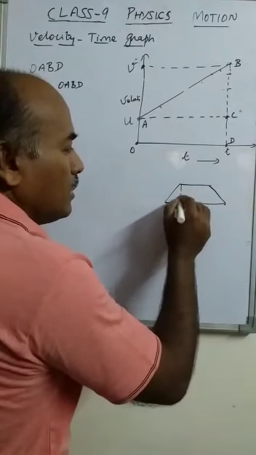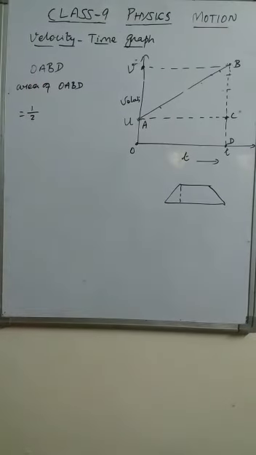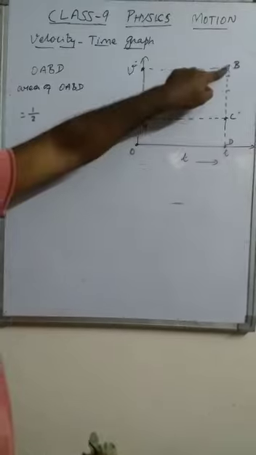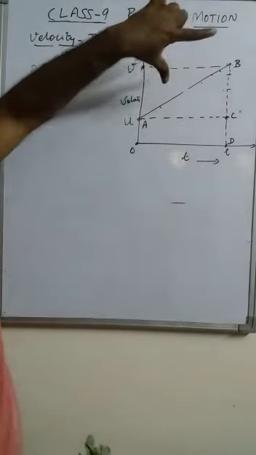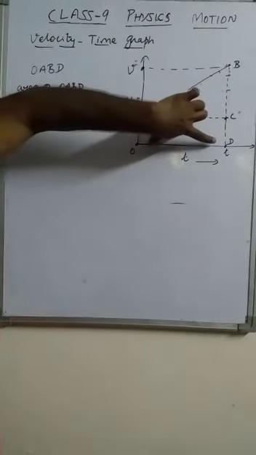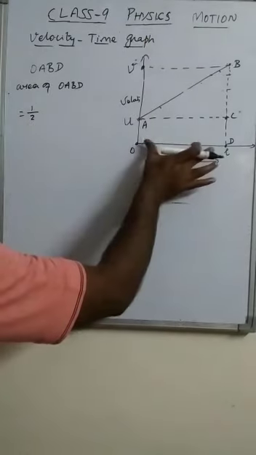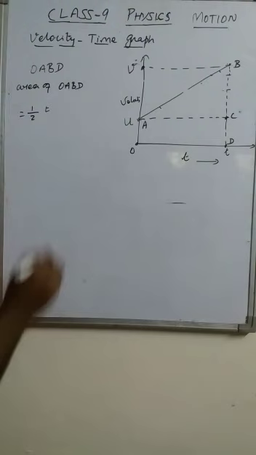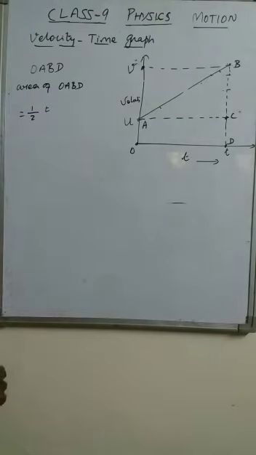Height means the distance between two parallel lines. Now you must find out the parallel lines. This is one line and this is another one. These two are parallel. The distance between them is this one, so this is equal to the time interval, t. Then into the sum of parallel sides.